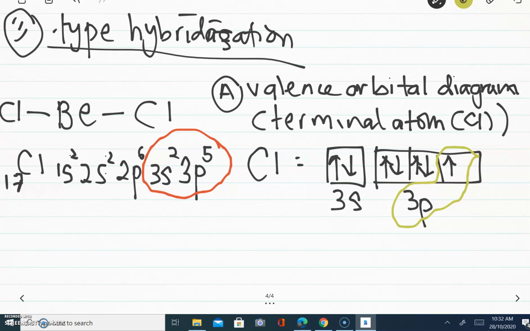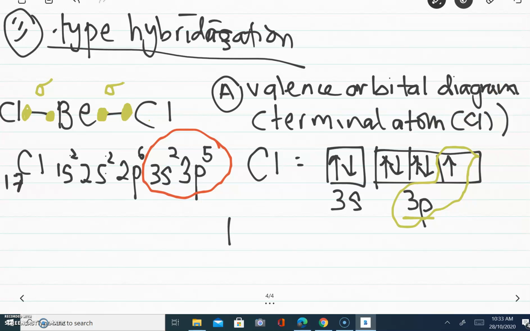Therefore, each chlorine atom has one unpaired electron, and this one unpaired electron exists in the 3p orbital. So, done already. From the molecular geometry also, we need to find the unpaired electrons of the central atom beryllium, and this orbital of beryllium can overlap with the orbital of chlorine to produce our first sigma. And the second unpaired electron of beryllium overlaps with the unpaired electron of chlorine to produce the second sigma.